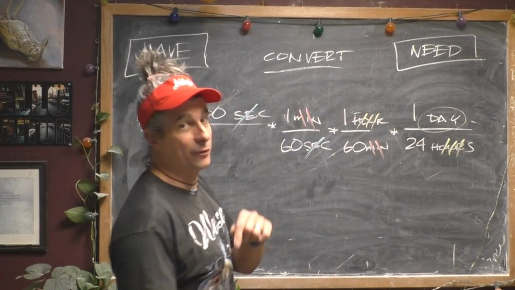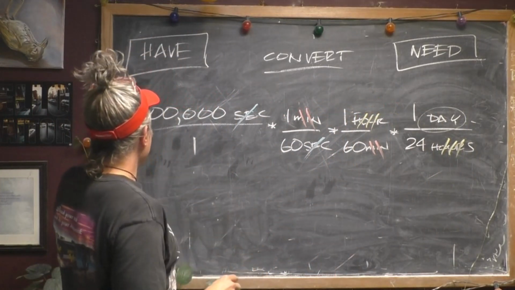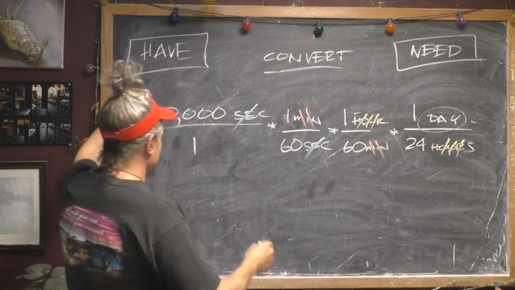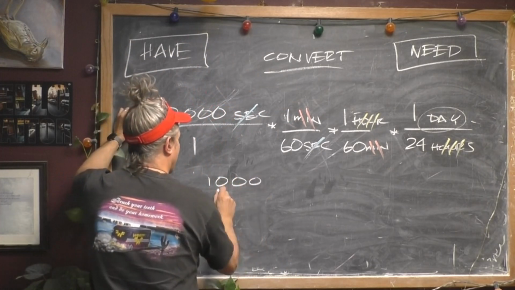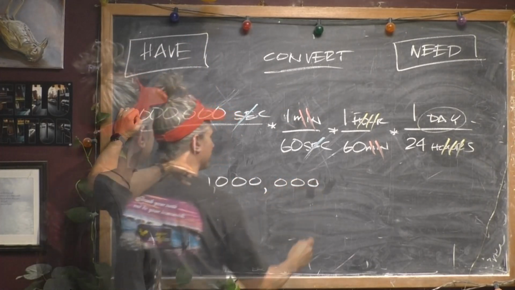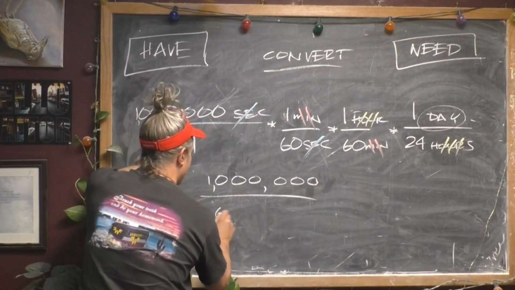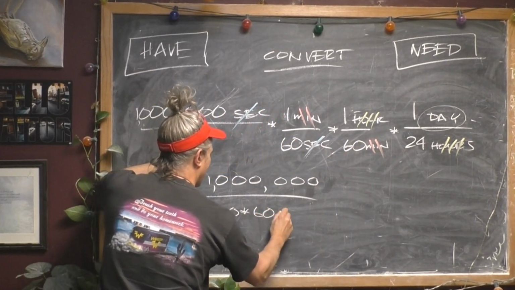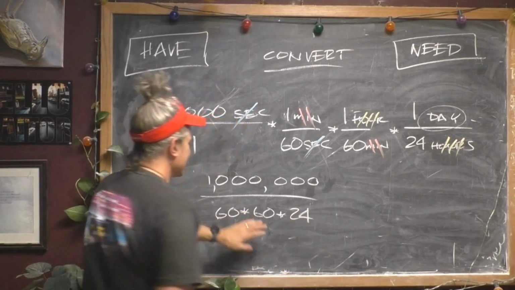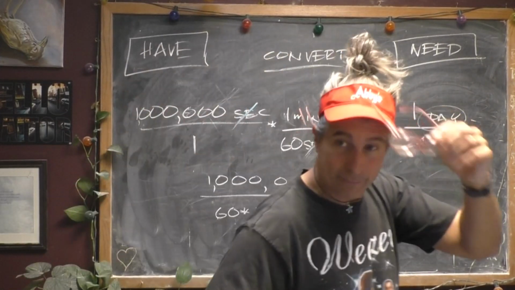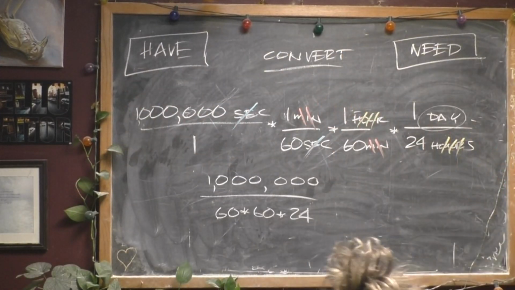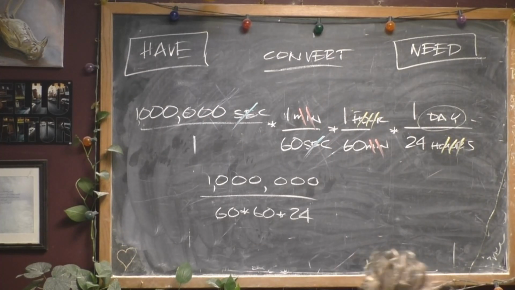So now, just like before, we do the math. We got 1,000,000. 1,000,000 is the only number up top. And then underneath, we got 1 times 60 times 60 times 24. So that tells us how many seconds are in a day, which I never know that number. So I'm going to do this division, my dear friends.